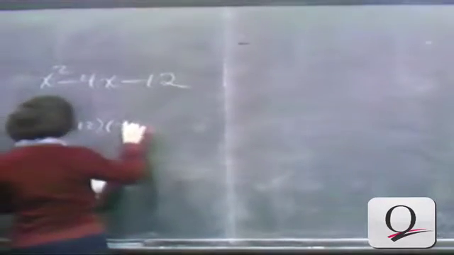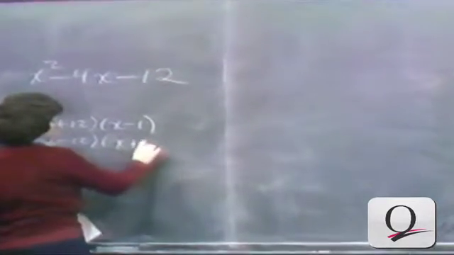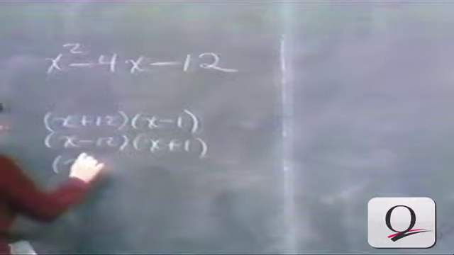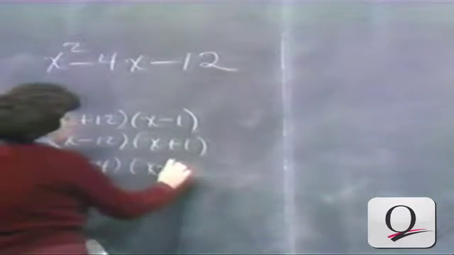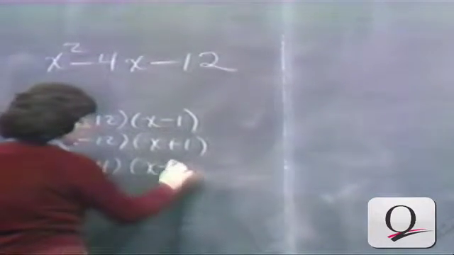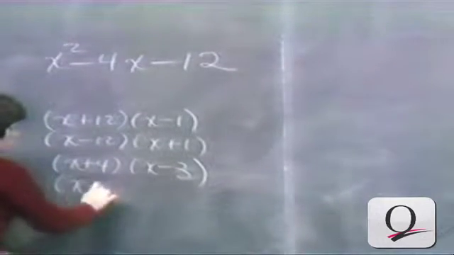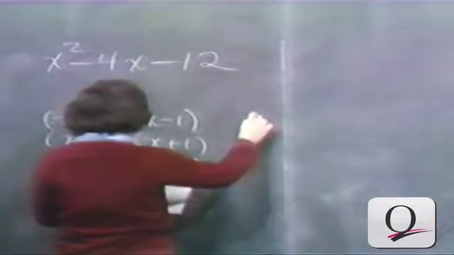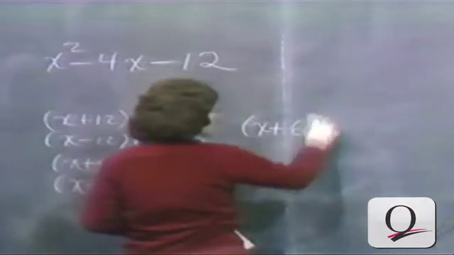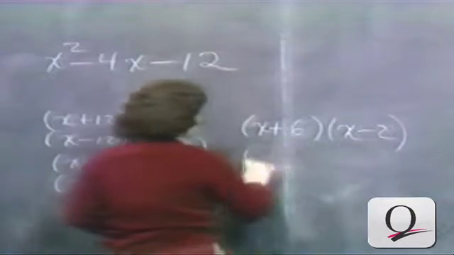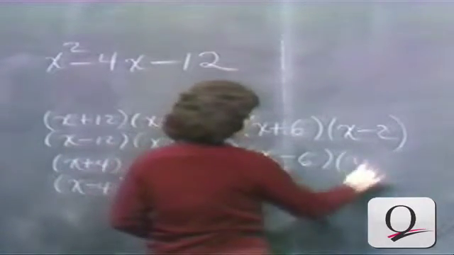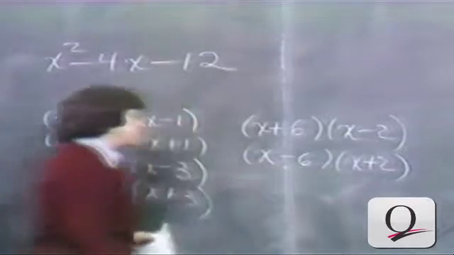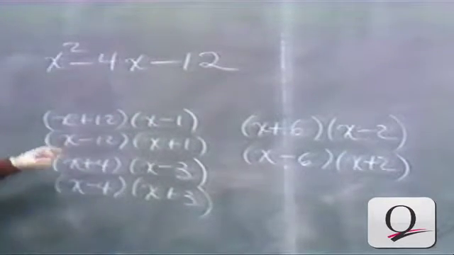You could have x plus 12 times x minus 1, or x minus 12 times x plus 1, x plus 4 times x minus 3, x minus 4 times x plus 3, also x plus 6 times x minus 2, and x minus 6 times x plus 2. Now, how did I get these possibilities?